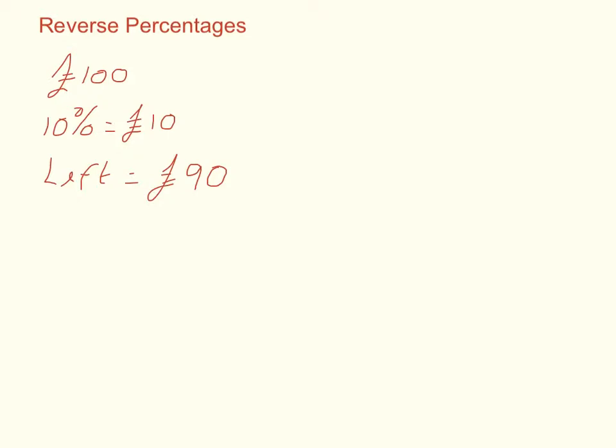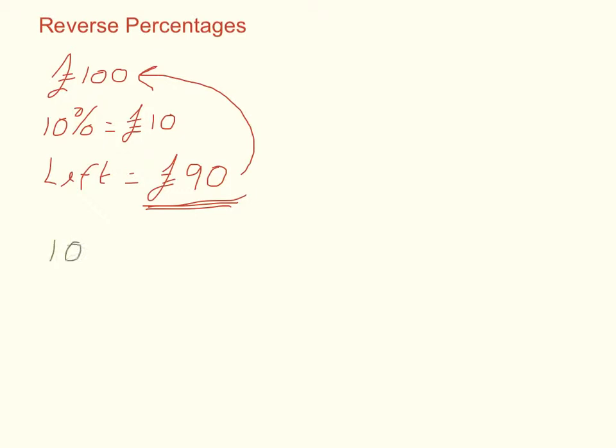So what reverse percentages is, if I give you this number here, the £90, and I tell you that it's been reduced by 10%, I get back to my £100. And that's the sort of problem that we're dealing with here. So I've taken off 10%, so let's find 10% and add it back on.